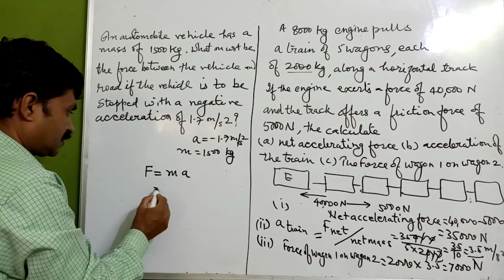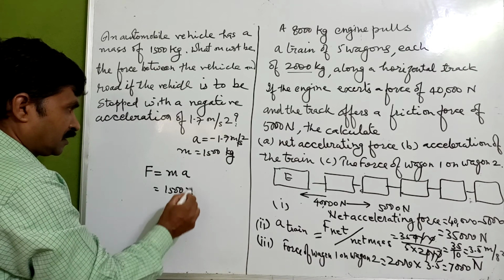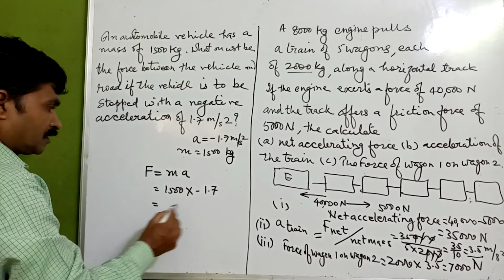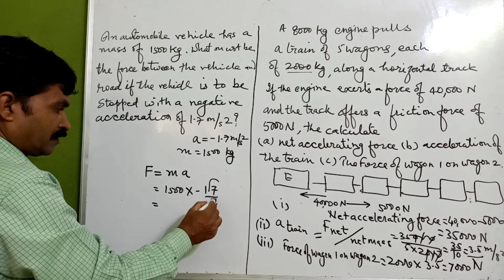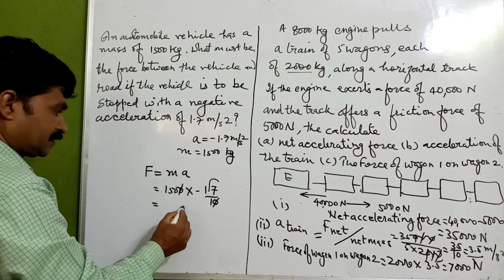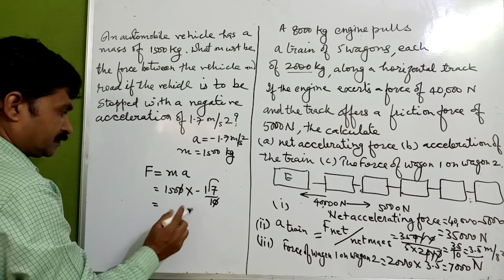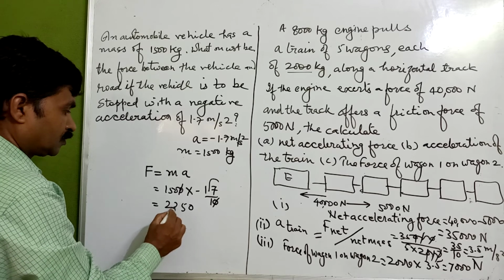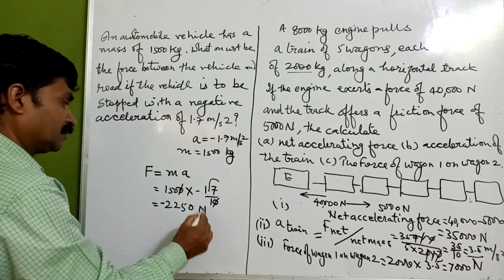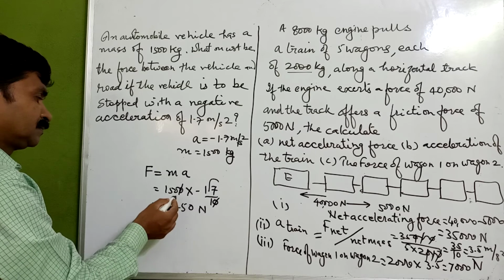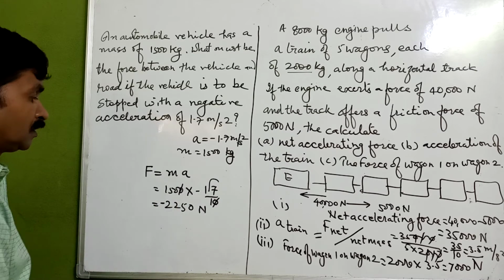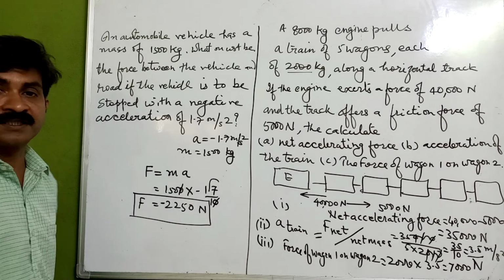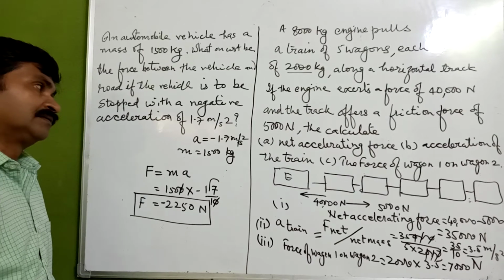So 1500 kg into minus 1.7 meter per second square, and the zeros are cancelled. So the retarding force which we are getting for the vehicle is 2250 Newton.